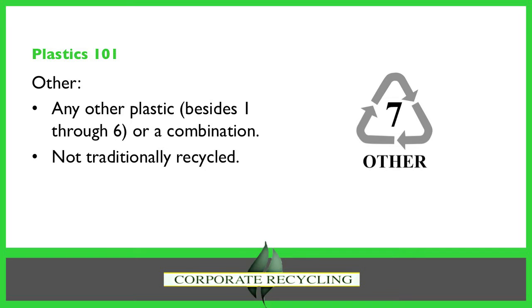This is also a very controversial number because it really does open up the floodgates by using the word other to mean pretty much any one of the other thousands and thousands of different types of plastics. And I would say that it has not traditionally been accepted by recycling companies, specifically for the reason that they don't know what it really is.